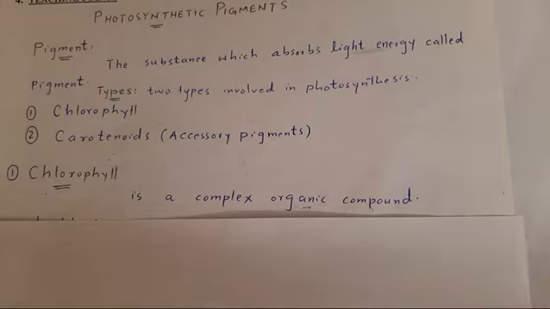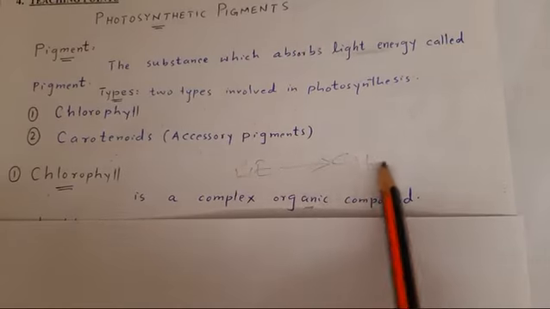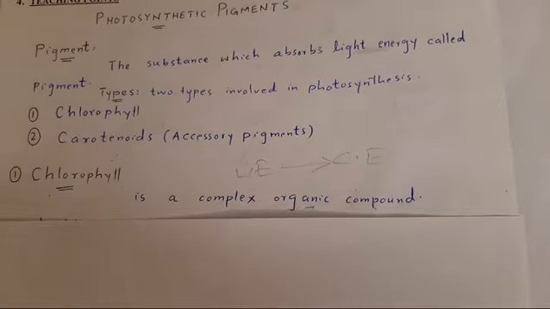Chlorophyll is a complex organic compound which enables the plants to capture light energy and convert it into chemical energy for the formation or synthesis of carbohydrates, glucose, or food.